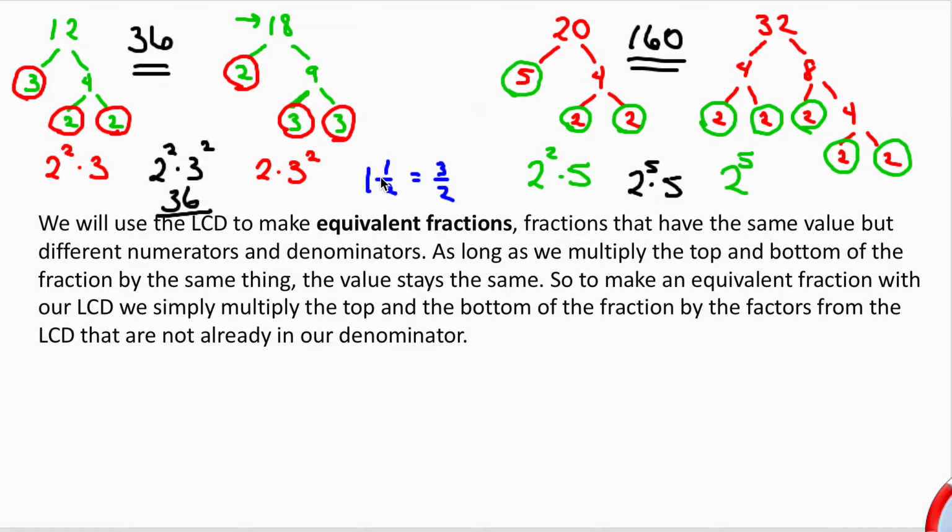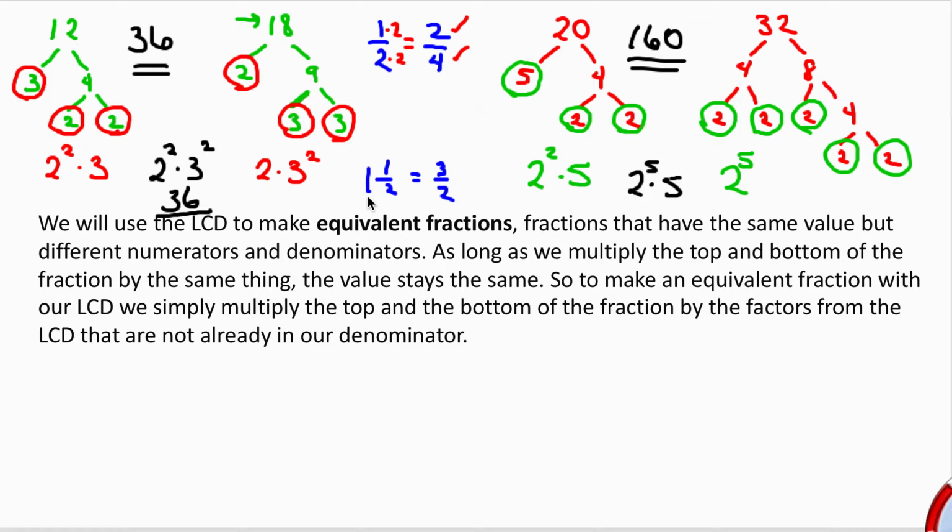I want to do equivalent fractions, like 1/2 is the same as 2/4, right? Those are equivalent fractions. They're equal the same amount, but they've got different numerators and denominators. And the way we do that is as long as we multiply the exact same number to the top and the bottom, notice what we would get here. 1 times 2, 2 times 2, right?